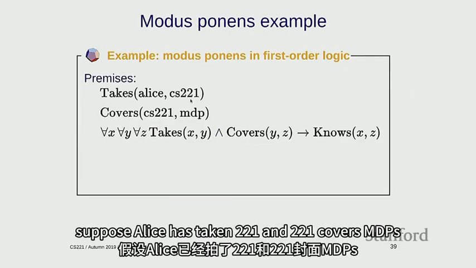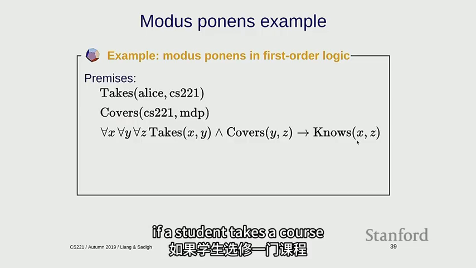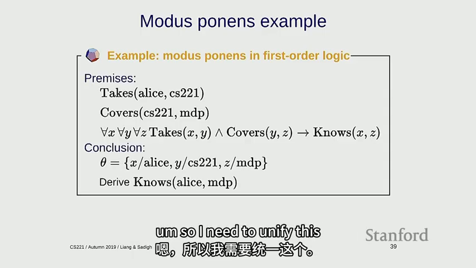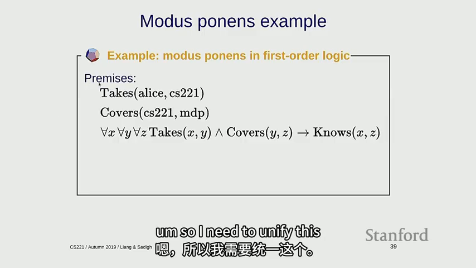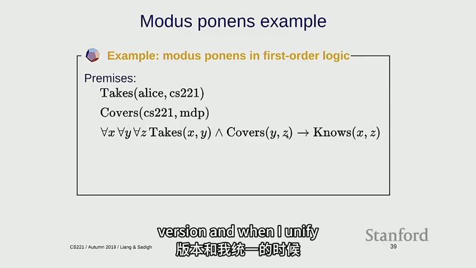Okay? So let me go through this example now. Suppose Alice has taken 221, and 221 covers MDPs. And I have this general rule that says if a student takes a course and the course covers a topic, then that student knows that topic. So I need to unify Takes(Alice, 221) and Covers(221, MDP) with this abstract version.